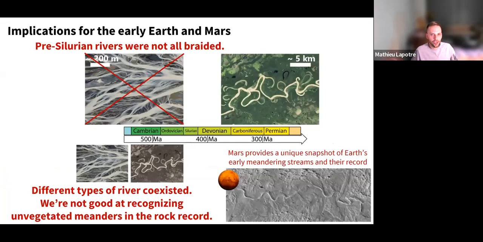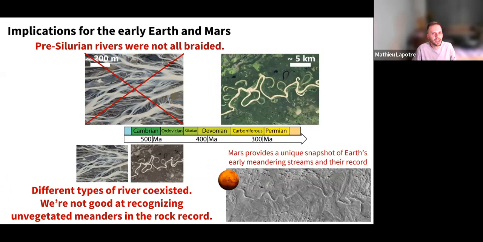So going back to the broader picture, our results suggest that there's no reason for pre-Silurian rivers to have all been braided, and different types of rivers almost certainly coexisted before the rise of land plants. We just don't really have tools to recognize them in the rock record, and our goal will be to develop such tools in the years to come.